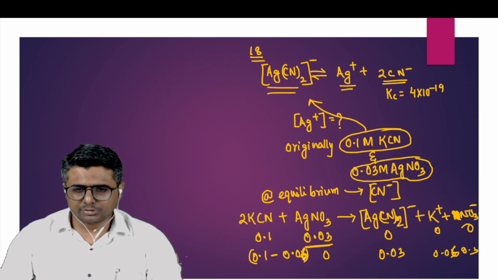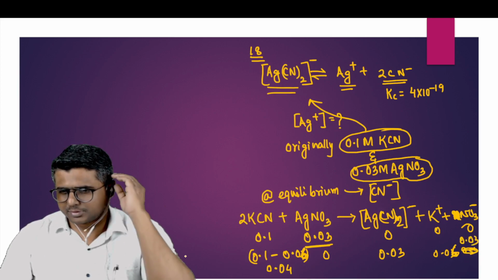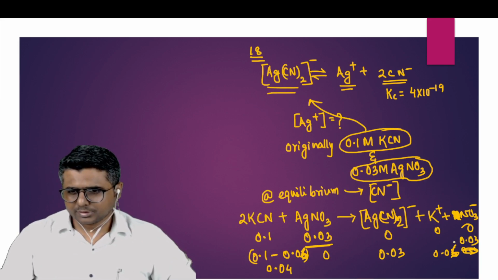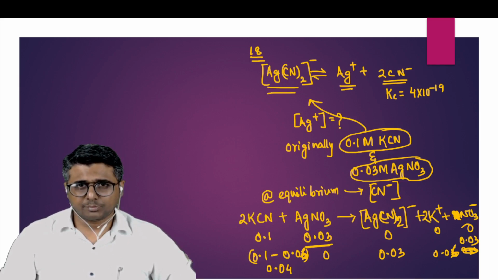So 0.06 moles is going to get subtracted. So remaining moles of KCN is 0.04 and others are like this. So this will be 2K plus. This is the half part of the problem.